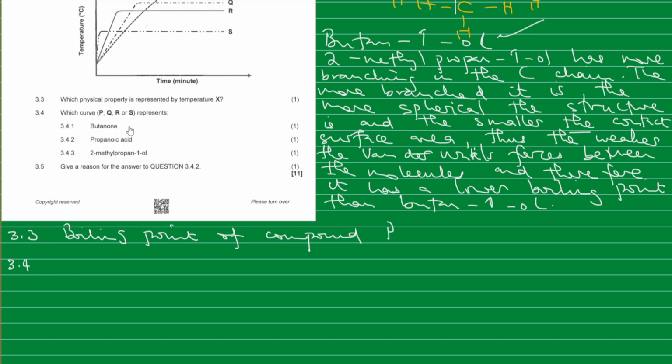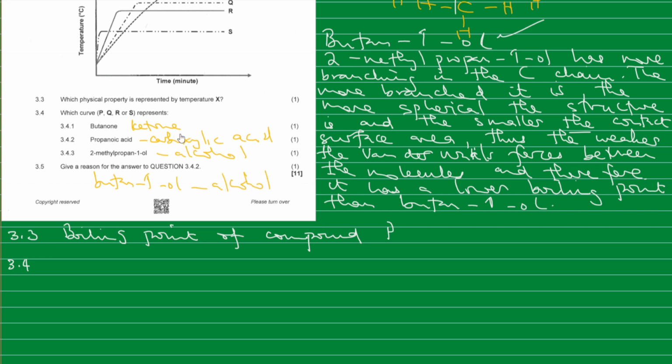Butanone is a ketone, and propanoic acid is a carboxylic acid. And 2-methyl-propan-1-ol is an alcohol. And I can add here butan-1-ol, which is also an alcohol.